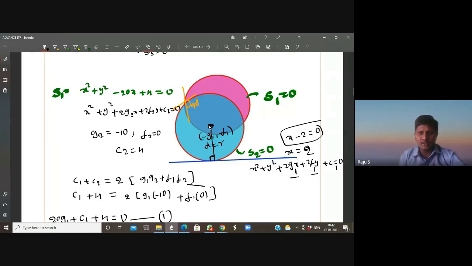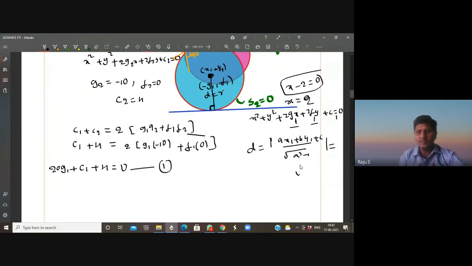We take the point x1 y1 as minus g1, minus f1, and the perpendicular distance formula is ax1 plus by1 plus c by root over a square plus b square. If I equate this to the radius, radius means root over g1 square plus f1 square minus c1.